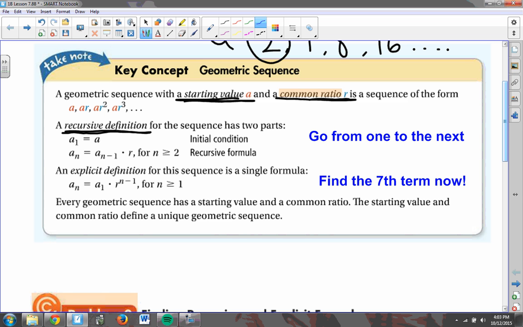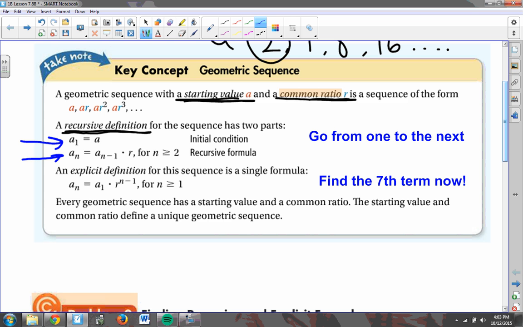Right? You have to tell me, where do you start? What is your starting value? Okay? And then you also have to tell me, to get to the next value, to the next term of your sequence, what you do here as well.